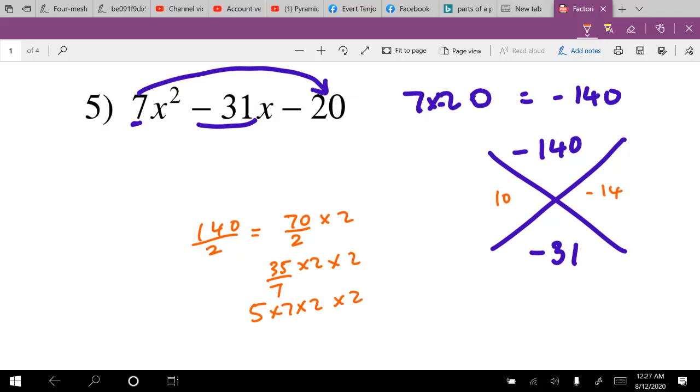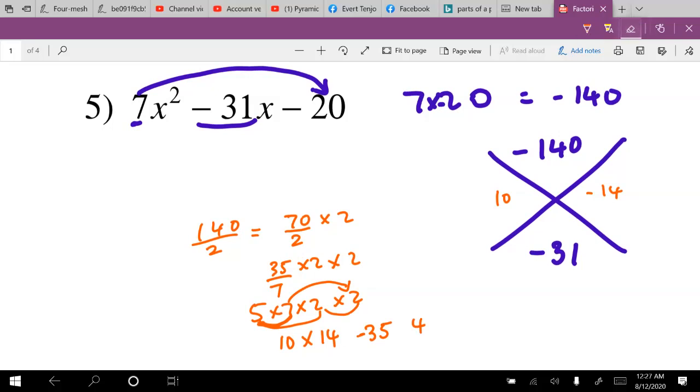I think we're good. So let's see. 10 times 14 will not give us 31. Let's see this one. 35 and 4, if 1 is negative, we can get 31.